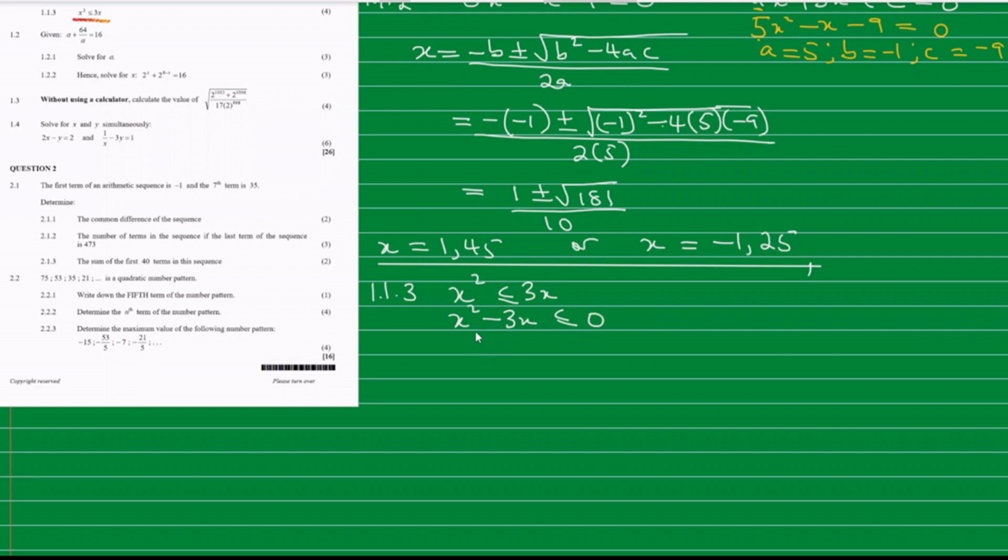There's nothing left here. Then we factorize, and this will give us x into (x minus 3) is less than or equal to 0. The purpose for factorizing here is to find what are called critical values.